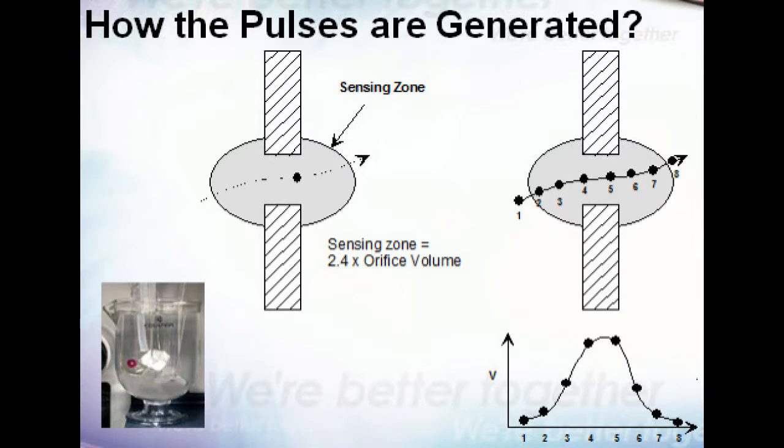And this pulse, measured as a voltage pulse, tells us that a particle has passed through that zone. Furthermore, what makes it so useful as a method is that this pulse displacement of current is directly proportional to the volume of the particle that passed through the sensing zone.